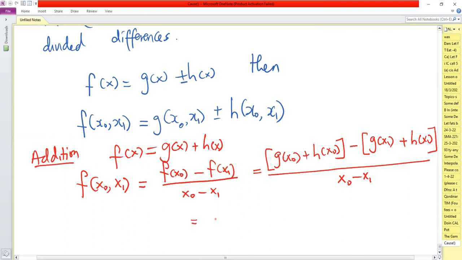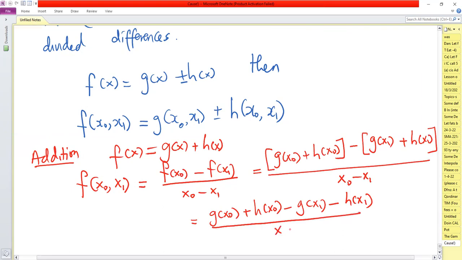Opening brackets, this is g of x0 plus h of x0 minus g of x1 minus h of x1, and we divide everything by x0 minus x1.